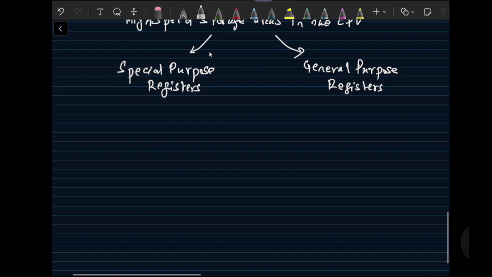The special purpose register, I'll explain it later. Before the special purpose, we'll talk about the general purpose registers.